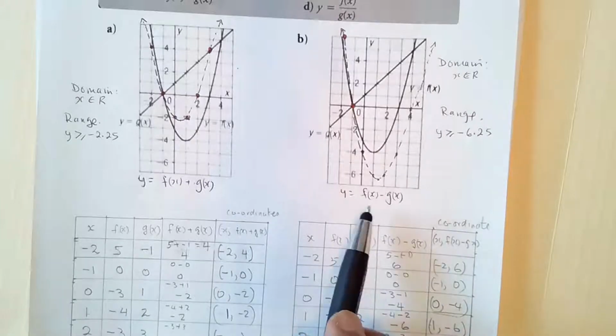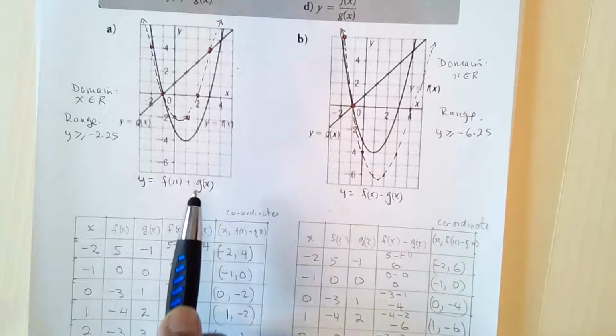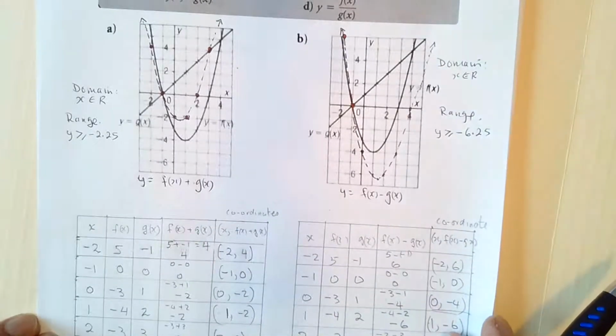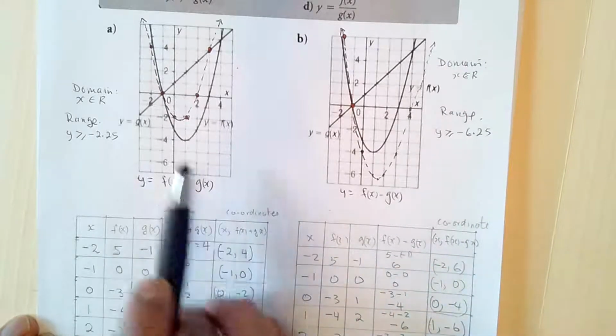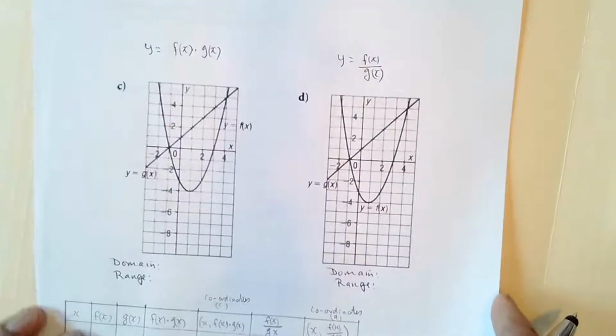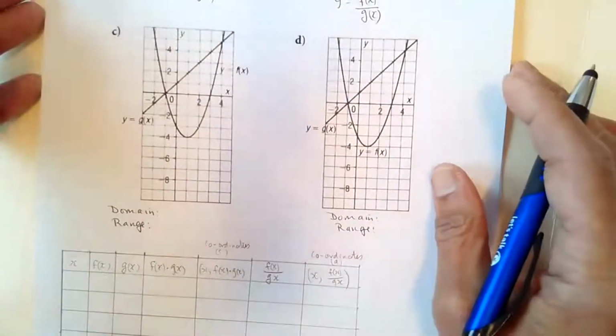So this is finding a difference of two functions. The first one was a sum of two functions. Notice these graphs are the same. The original graphs are the same, just that in D, we're looking at a quotient.